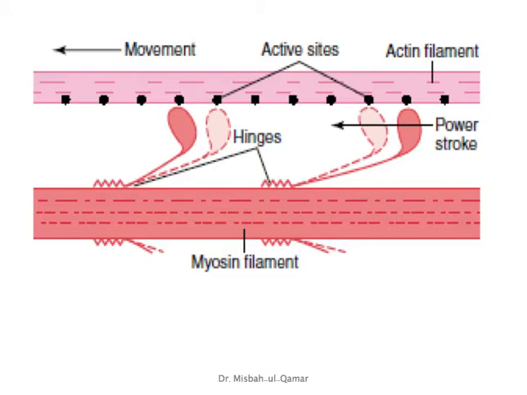The sliding filament theory states that the heads of the cross bridges bend back and forth, and step by step walk along the actin filament. As this figure shows, the heads of two cross bridges attach to and then disengage from the active sites of an actin filament.